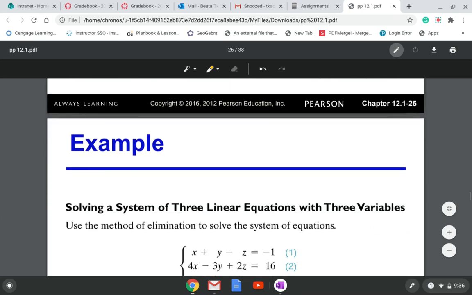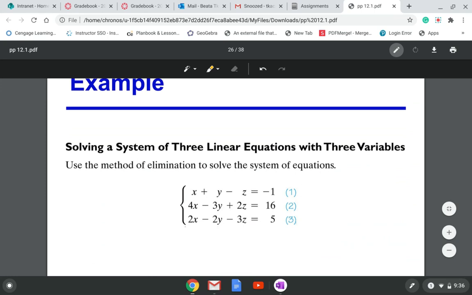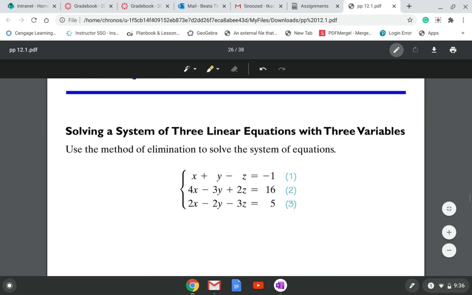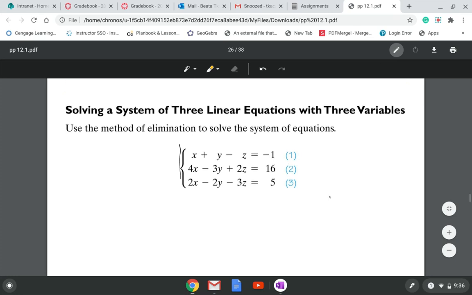I will teach you how to solve a system of equations with three variables using the elimination and substitution method.